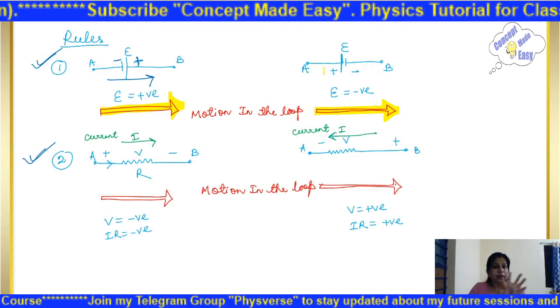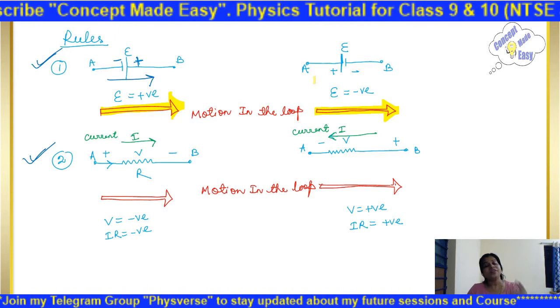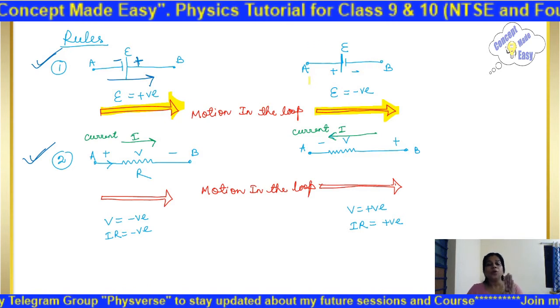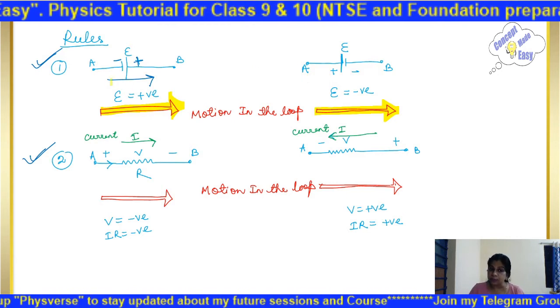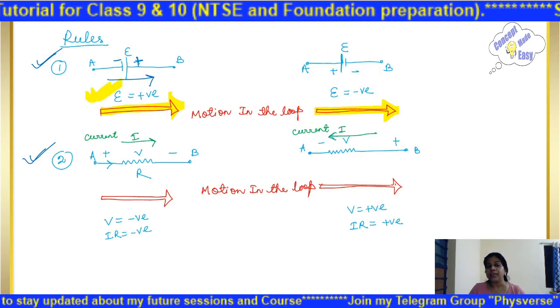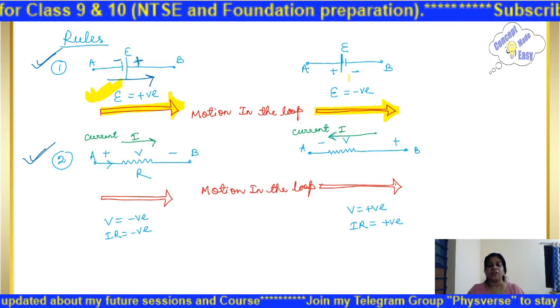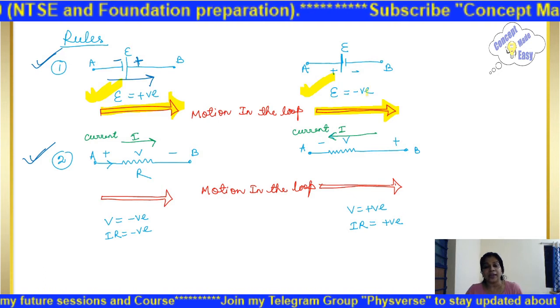Just for reference, I am telling these two rules. You need to understand these two rules with the circuit diagram, very clearly. Suppose you are moving in this direction, from minus to plus, then your EMF or voltage source is positive, and if you are moving from plus to minus, then your voltage source or EMF is negative.